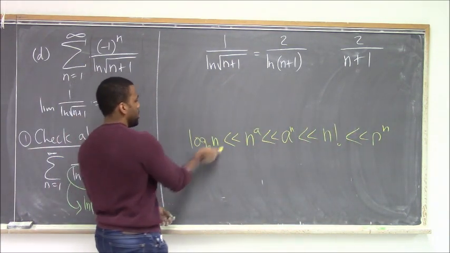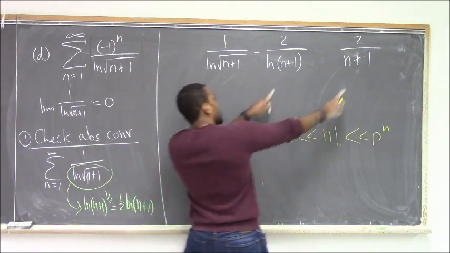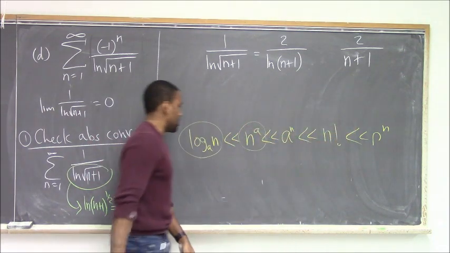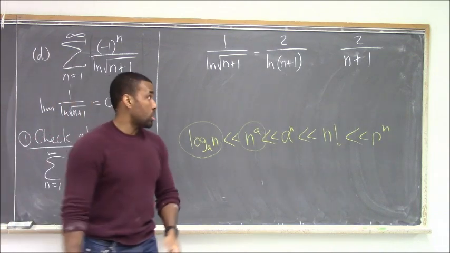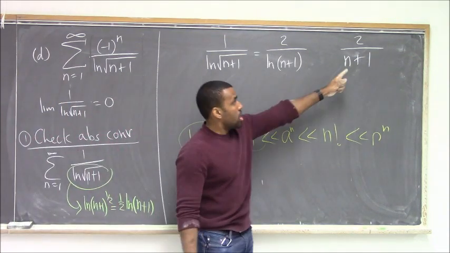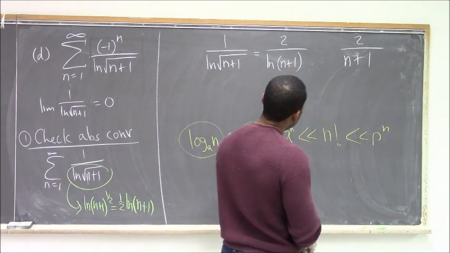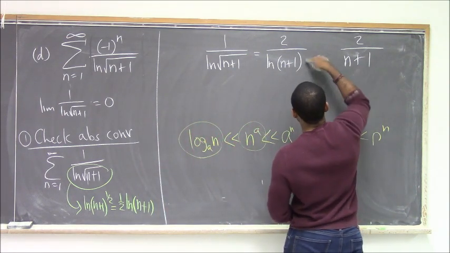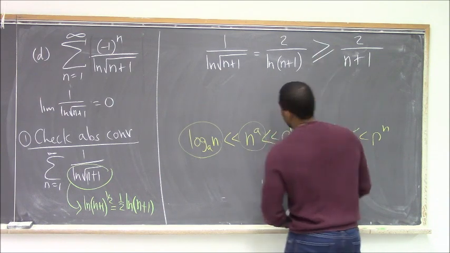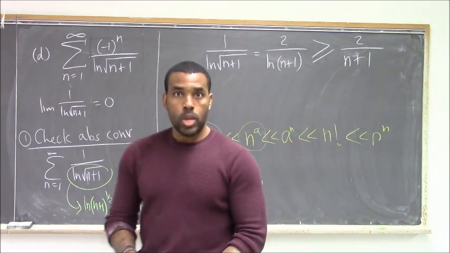So notice what I'm comparing is a polynomial to a logarithm. The logarithm is smaller, which means the denominator of this is larger, and which means this is smaller than that. Right?